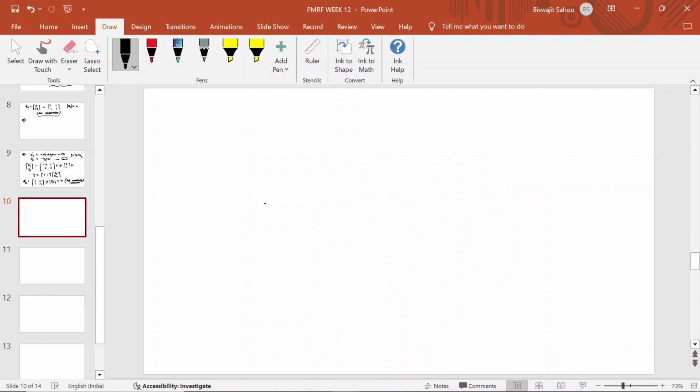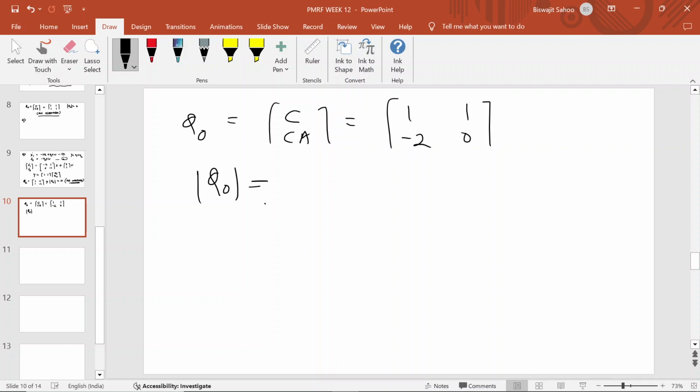Now check the observability. Q_O is the observability matrix, which is nothing but C and CA. C is [1, 1] as given. CA is [-2, 0]. Now the determinant of this matrix is not equal to 0. You can see it is not equal to 0.